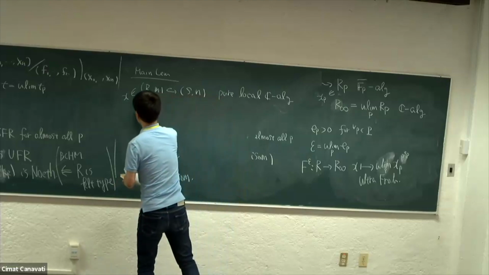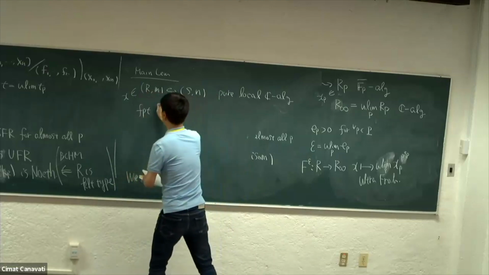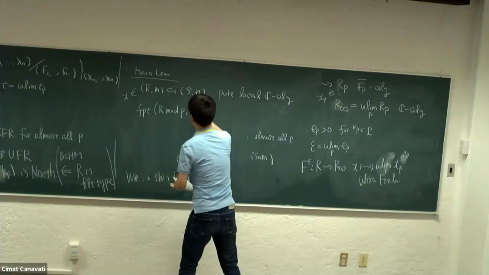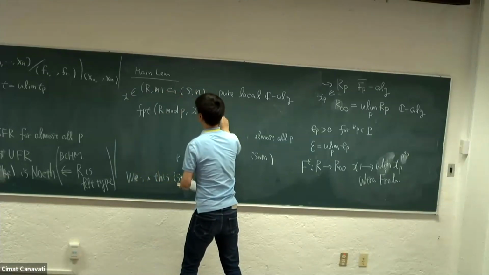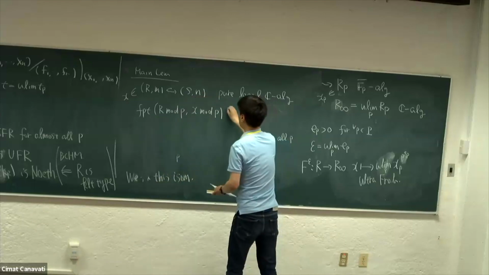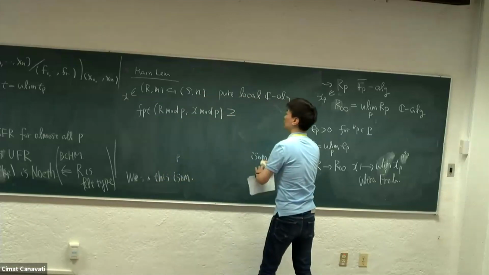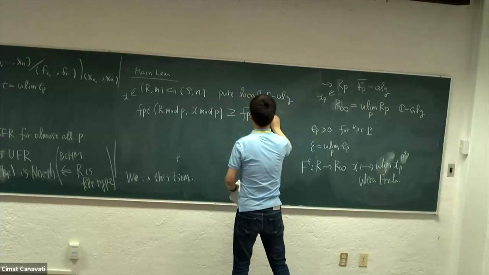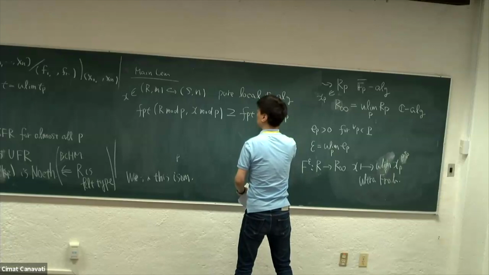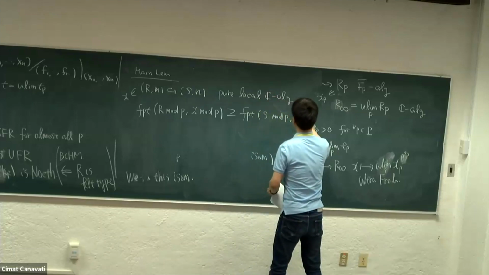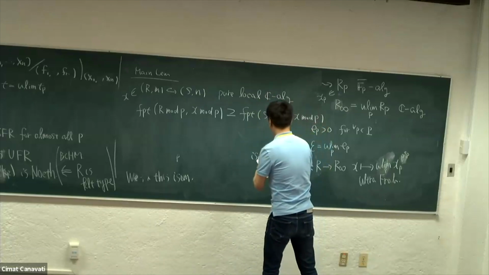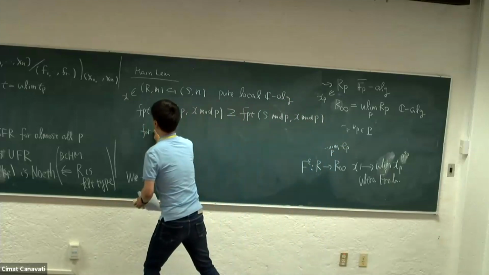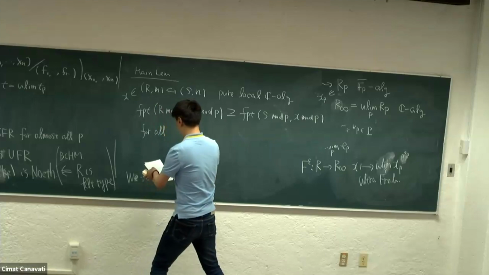Then the F-pure threshold of the modulo p reduction of R, and I also consider x mod p, is greater than or equal to the F-pure threshold of S mod p, x mod p, for all but finitely many p.